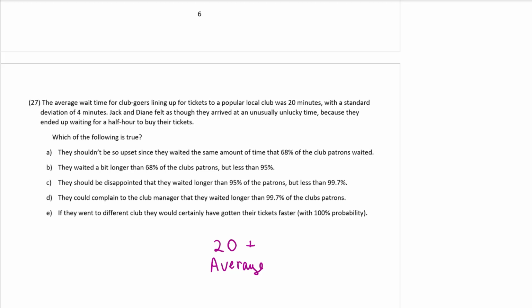30 minutes. Okay, so let's add 2. So that would be 68% limit. 24, that would be 95% limit. 26, that would be 99.7%.